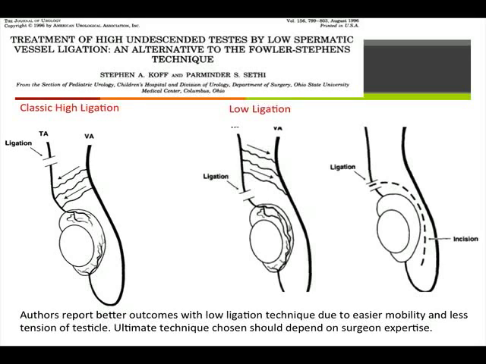If you follow an incision along that dotted line on the right, you can gain quite a lot more length in terms of the vas coming down. They thought they had better outcomes in their series, but this was a small number of patients, and so the overall consensus is still that the technique should be chosen based on surgeon experience and what it looked like at time of surgery.